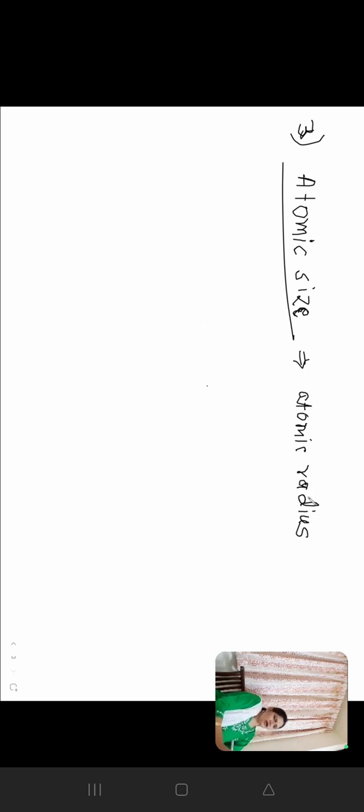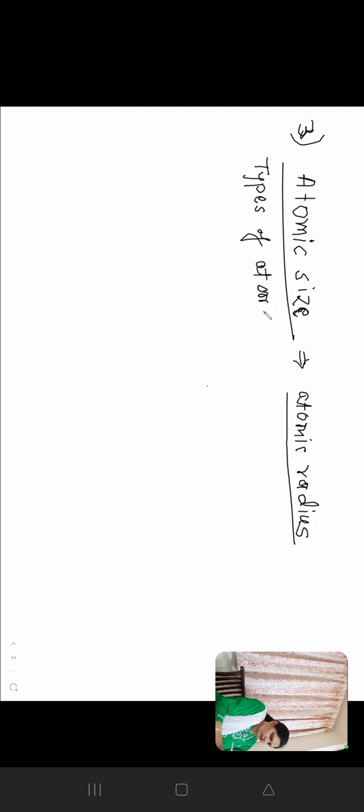Now there are types of atomic radii. Radii is the plural form of radius. The first type is covalent radius.